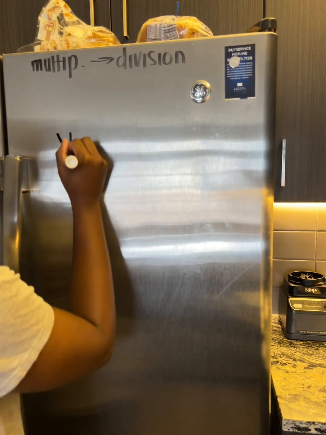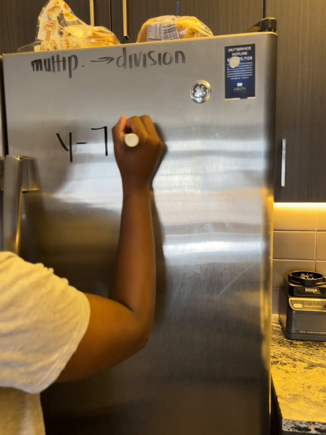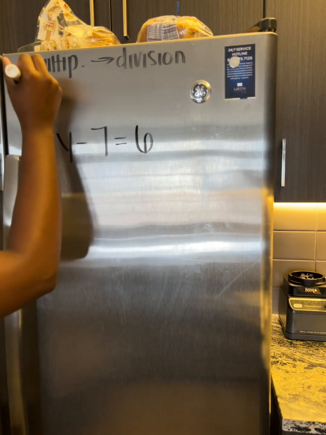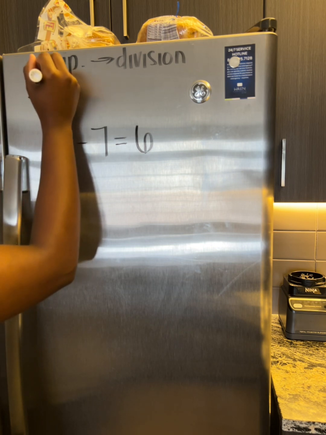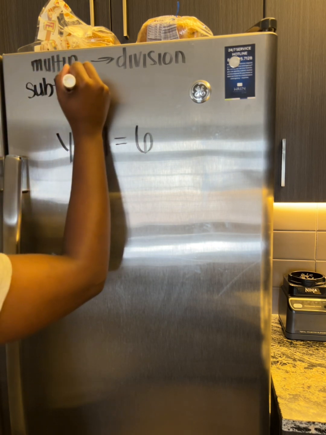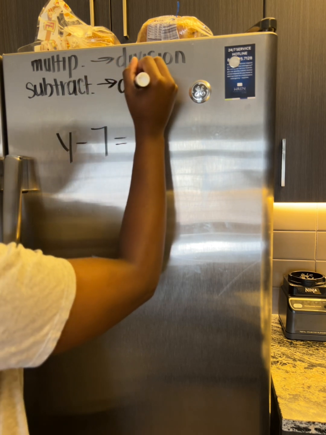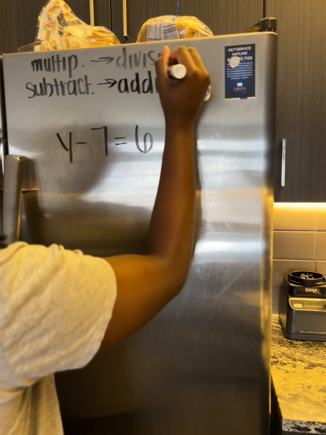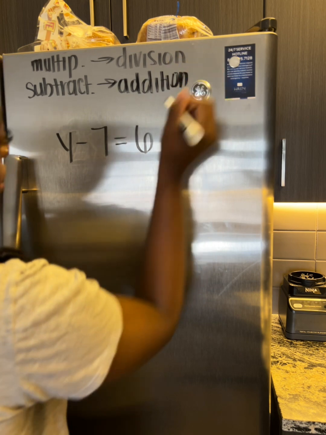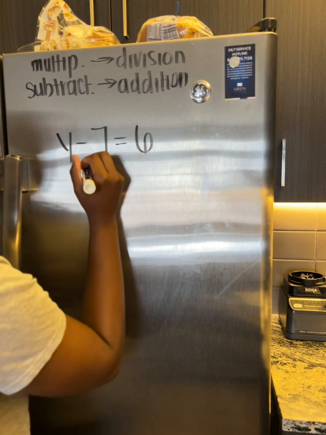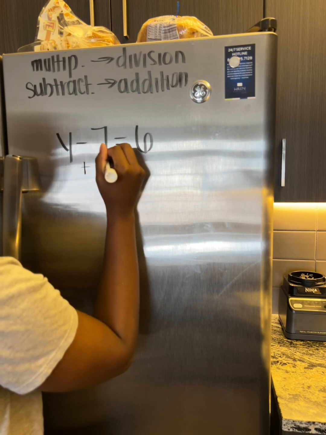1-step subtraction problem. So y minus 7 equals 6. If you have subtraction, the opposite of subtraction is addition. So I know I'm gonna be adding, and I need to add 7 on both sides so I can get y by itself.